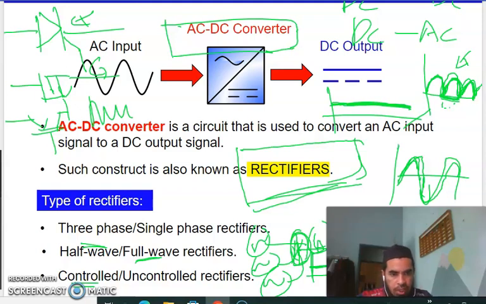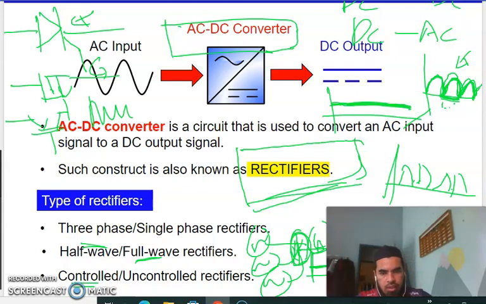Instead of the plain output, we might have a full wave like this, maybe a partial wave like this, maybe a partial wave of a full wave like this. So this is a so-called controlled rectifier with a controllable device.